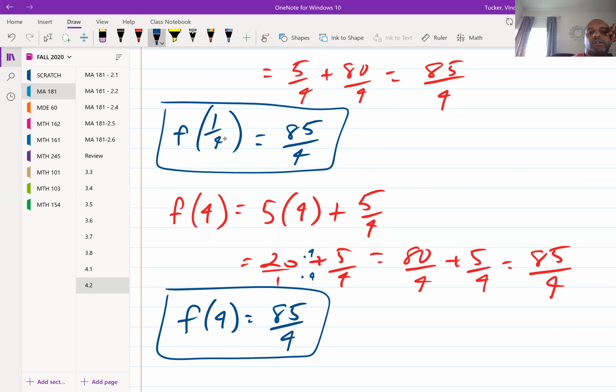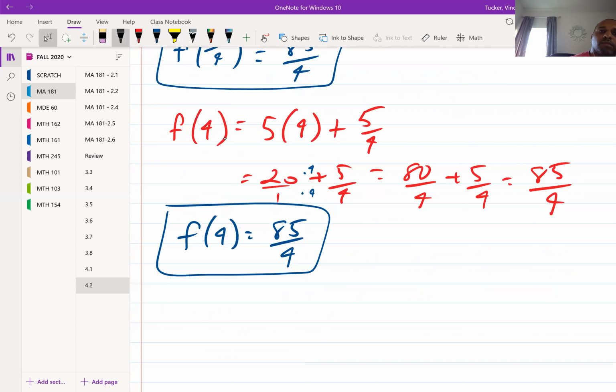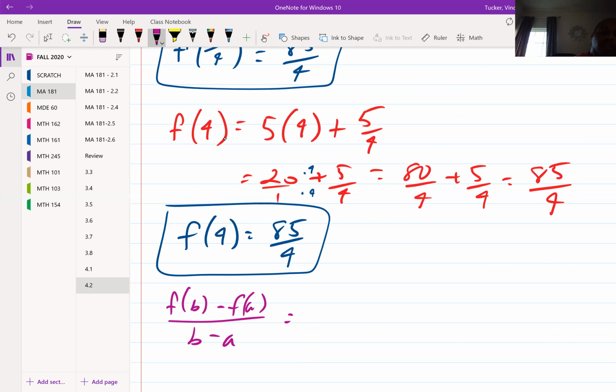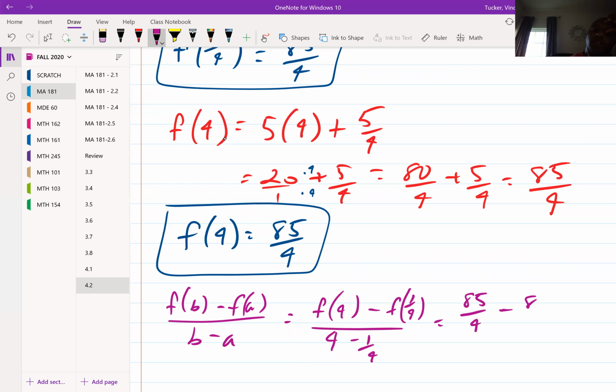All right. So f of b minus f of a over b minus a. F of 4 minus f of 1/4, over 4 minus 1/4. It's 85/4 minus 85/4, over 4 minus 1/4.